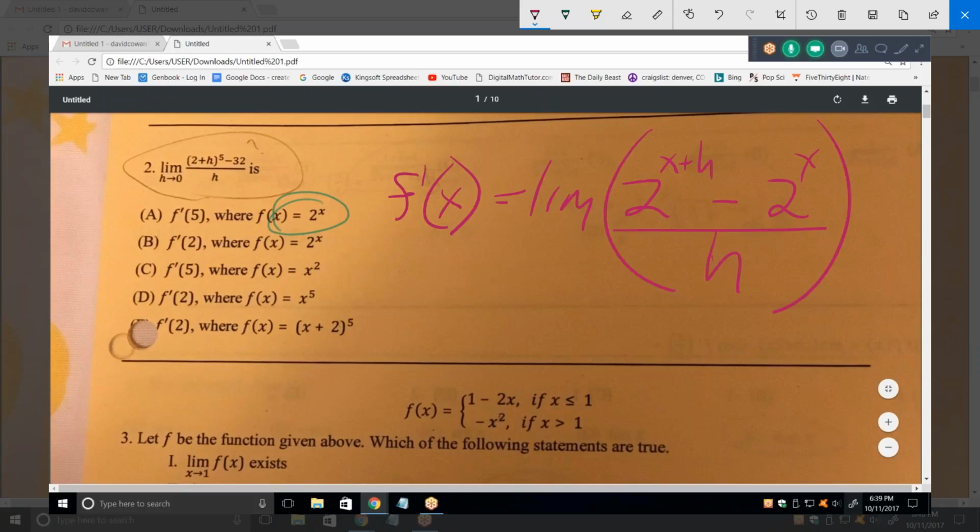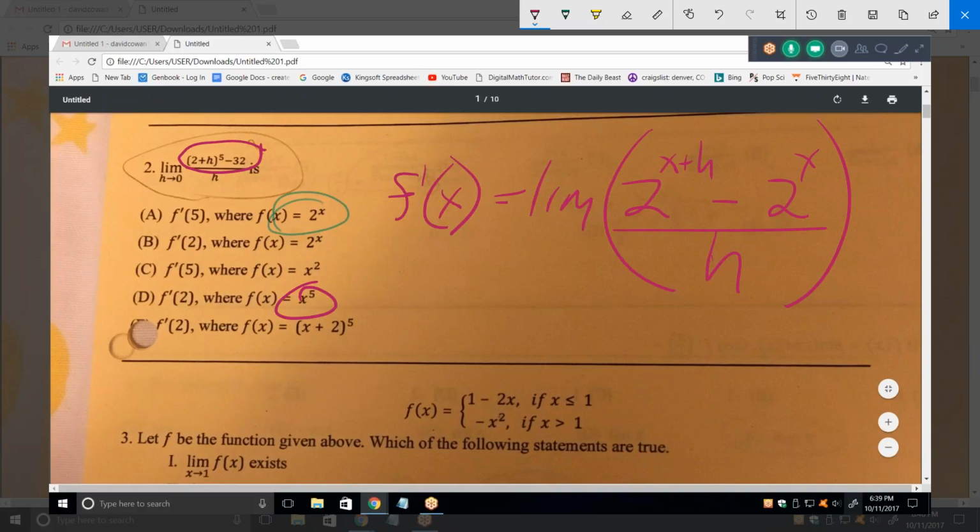So that's what we'd be looking at. And that's not what we're looking at. That's clearly not 2 to an exponential power. It's x to the fifth is what it is.